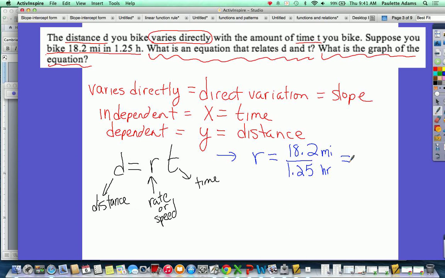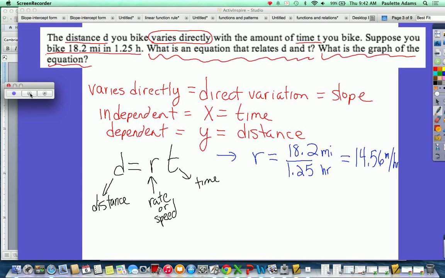Yeah, some folks use S, some use T. Okay, so our rate equals 18.2 miles divided by 1.25 hours. That gives us 14.56 miles per hour.